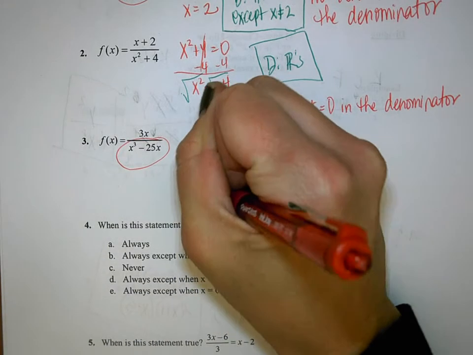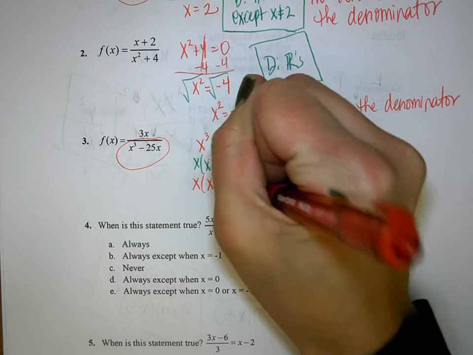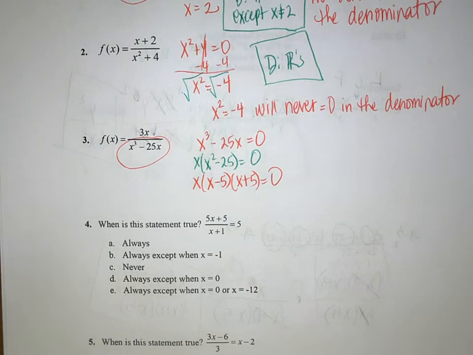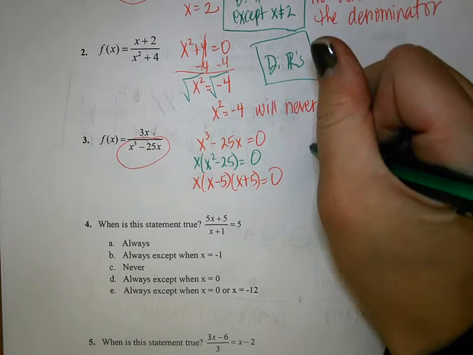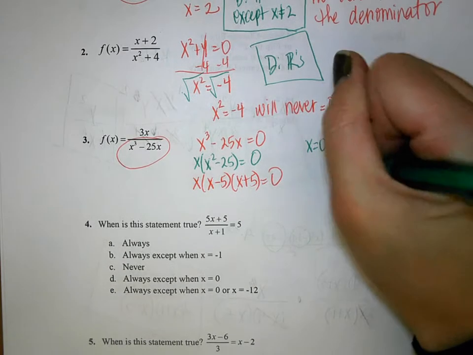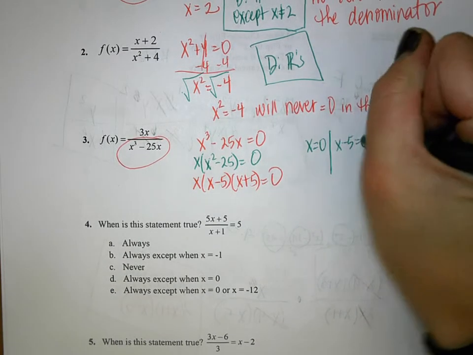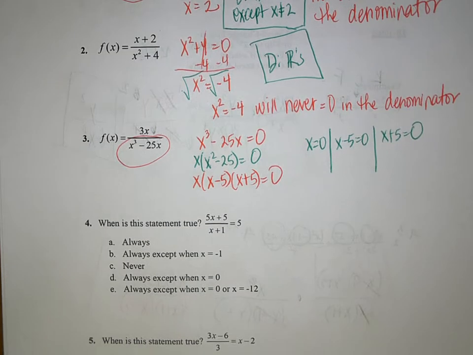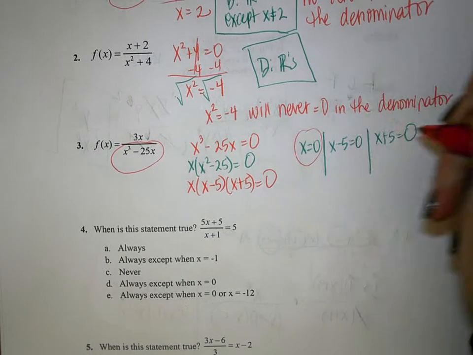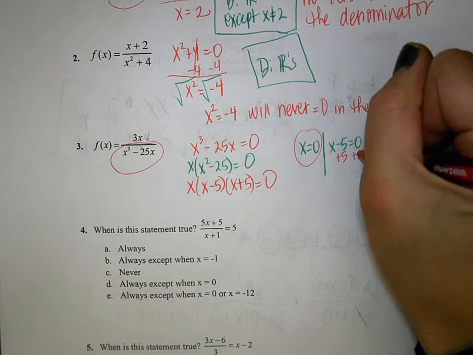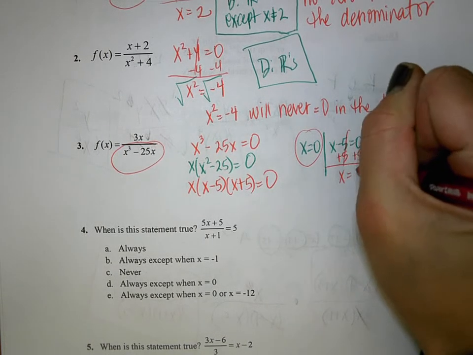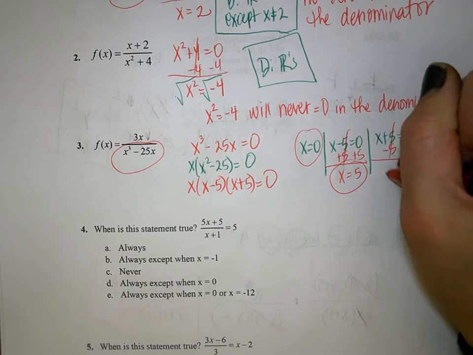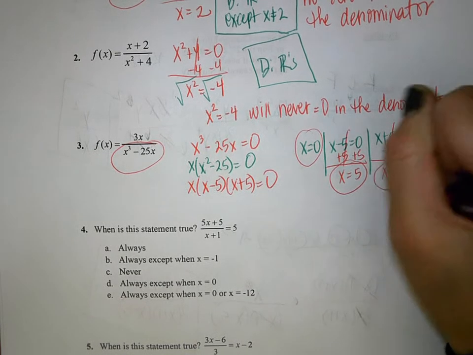So we have x times x minus 5 times x plus 5 equals 0. If we set each of those equal to 0, we have x equals 0, we can't have that. x minus 5 equals 0, x plus 5 equals 0. Here I add 5 to both sides, and I get x equals 5. Here I subtract 5 from both sides, and get x equals negative 5.